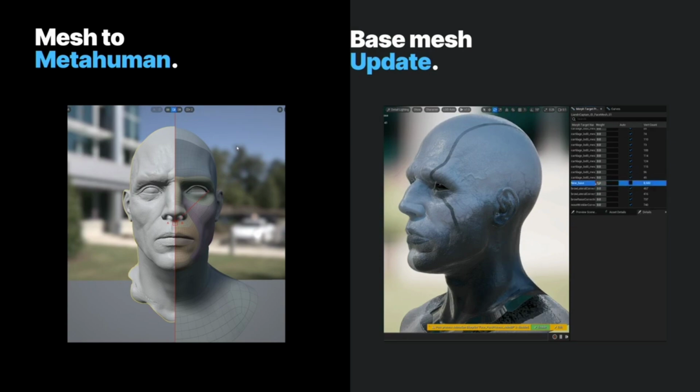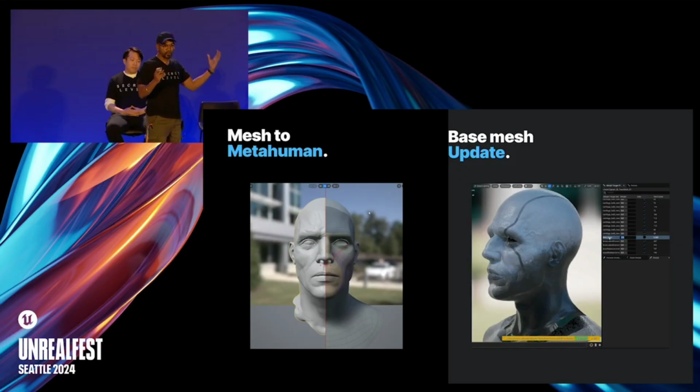So what they did was make all custom textures, custom normal maps, and even wrinkle maps in order to make their metahumans look absolutely amazing. One of the very interesting things about this episode was that they not only used metahumans for the human characters, but also for the robots.